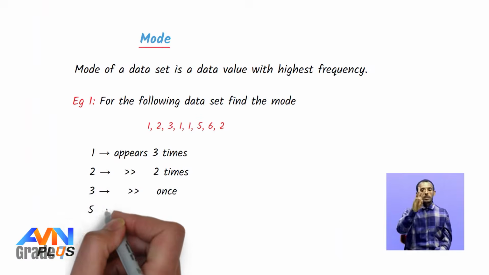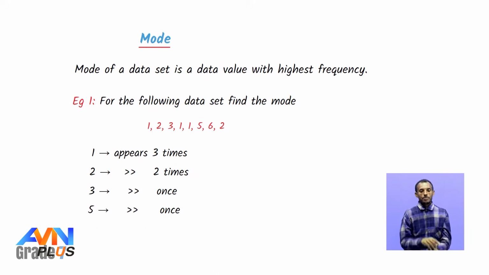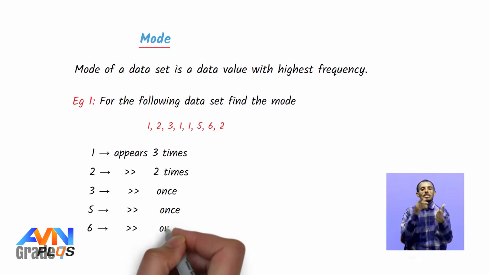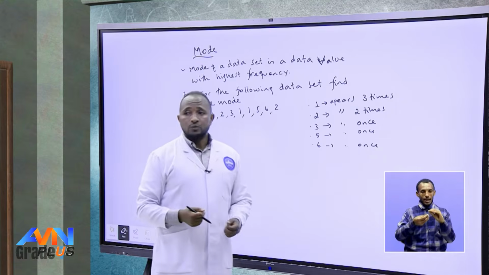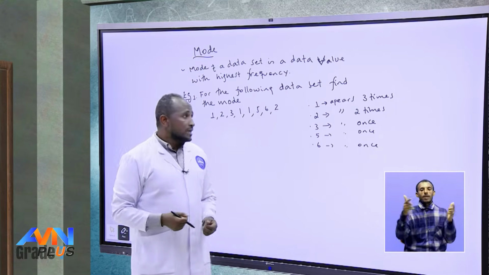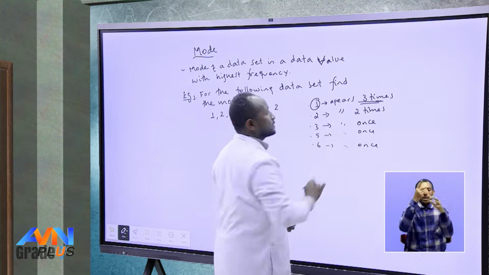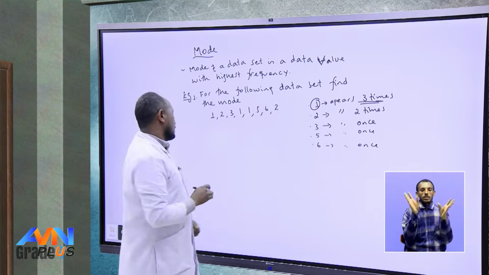They also appear once. Therefore, which of this data set has the greater frequency? The number with the greater frequency is 1. 1 appears 3 times.